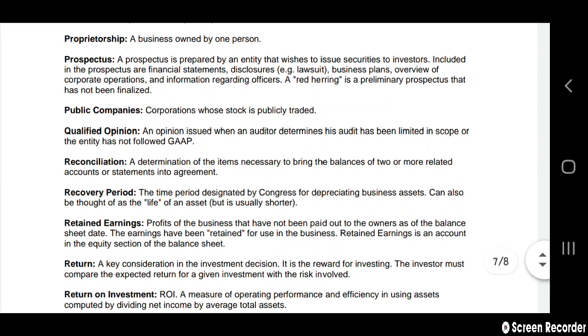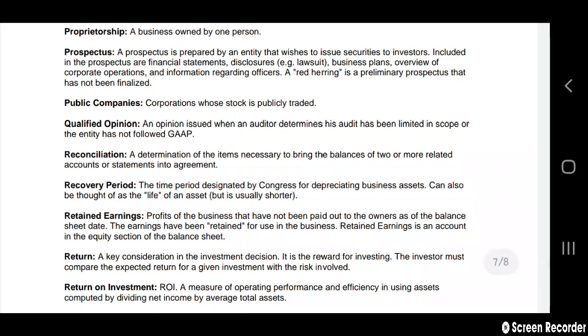Next, proprietorship. A business owned by one person is called a proprietorship. And prospectus. A prospectus is prepared by an entity that wishes to issue securities to investors. It includes in the prospectus and or financial statements disclosures, business plans, overviews of the corporation and many other things.